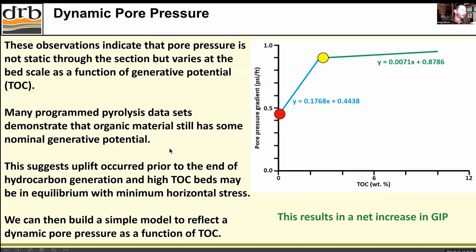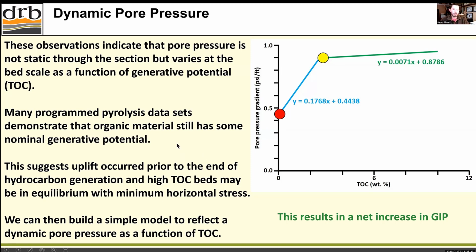So what else is interesting about this is that when we look at Rock-Eval pyrolysis data, we find that a lot of these rocks are pretty much spent, they're pretty well fried, but they still do have some residual hydrogen in there, suggesting that there may be some minimal generative potential to them, which suggests then that uplift of the basin occurred prior to completely exhausting the hydrocarbon generative potential of these rocks.